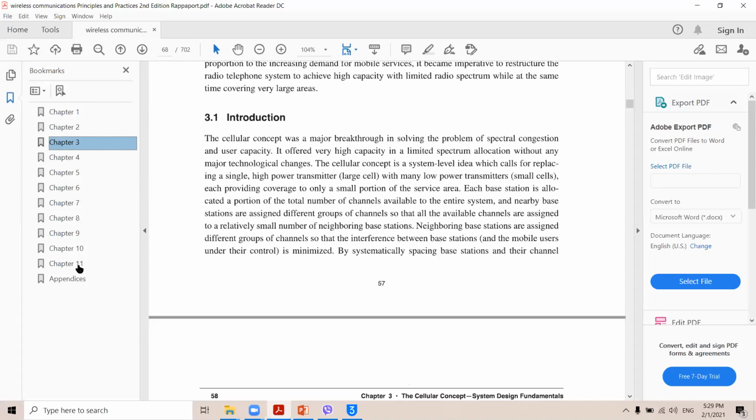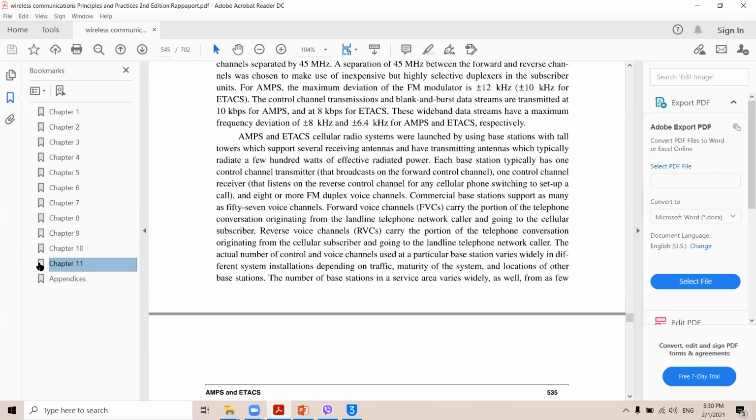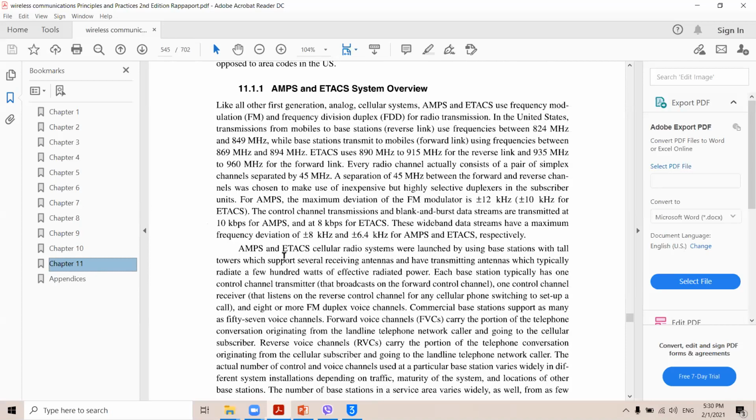In addition to chapter 3, we have chapter 11, which is wireless systems and standards. Of course, I'm not going to talk about the whole of chapter 11, just the topic of the GSM system: its architecture, benefits, features, and so on.